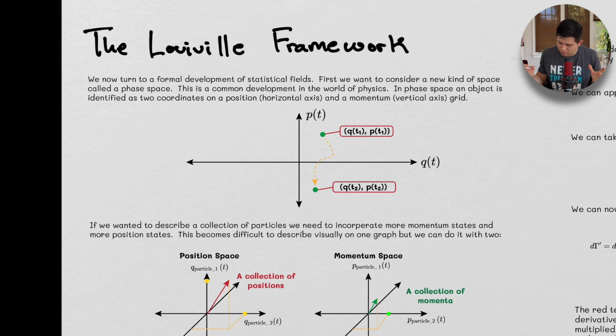In phase space, an object is identified by two coordinates: position on the horizontal axis, which is right here, and momentum on the vertical axis.